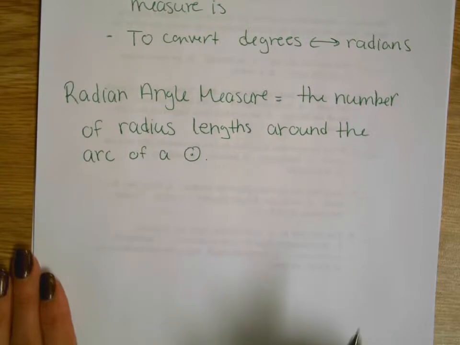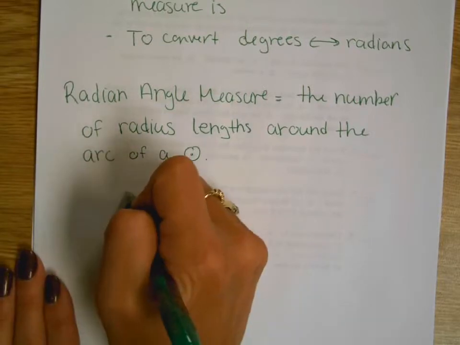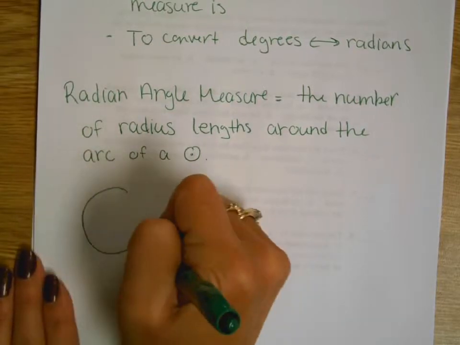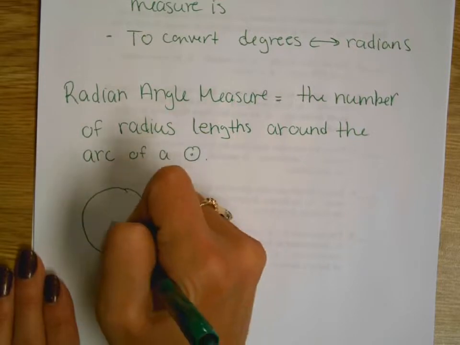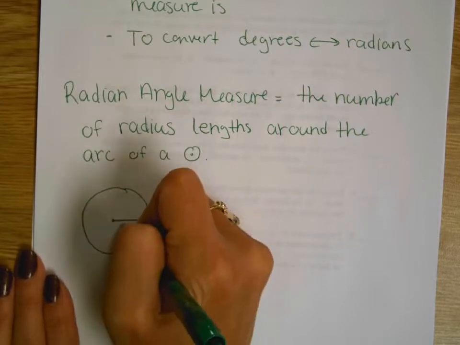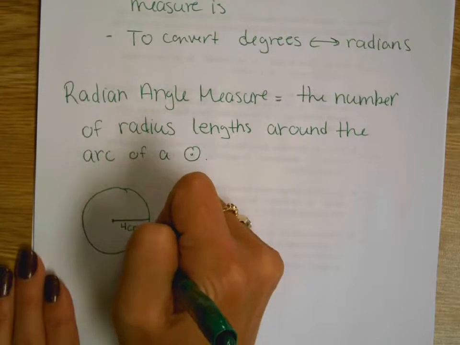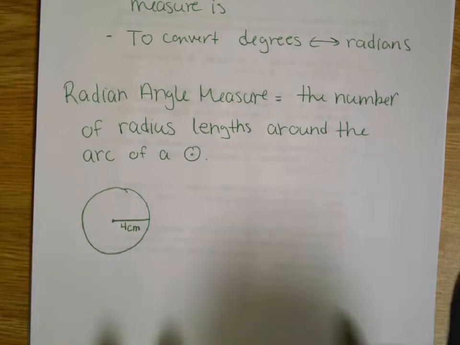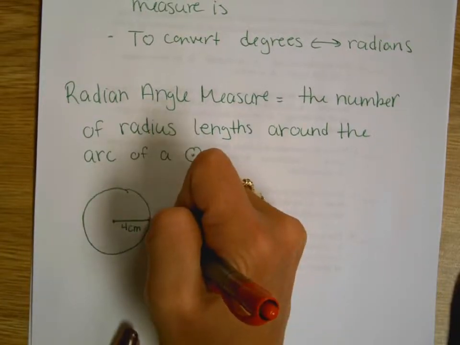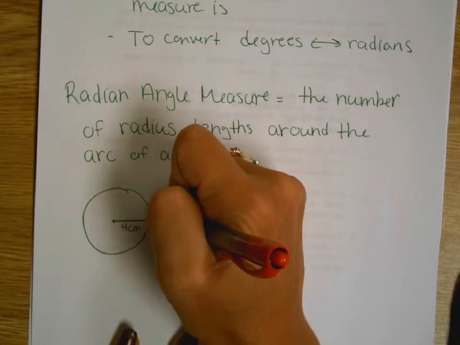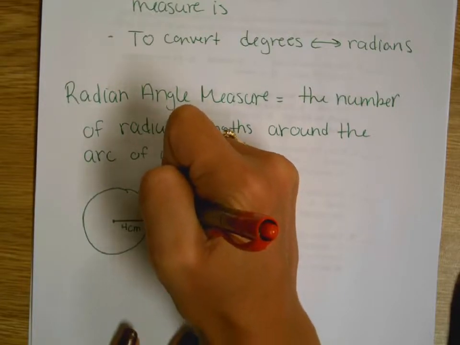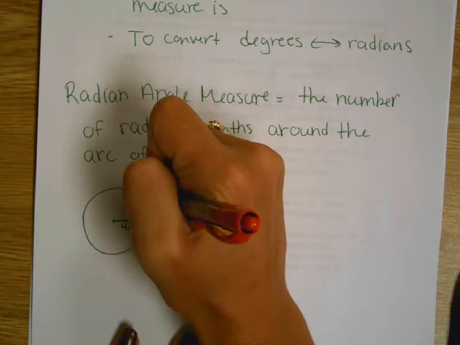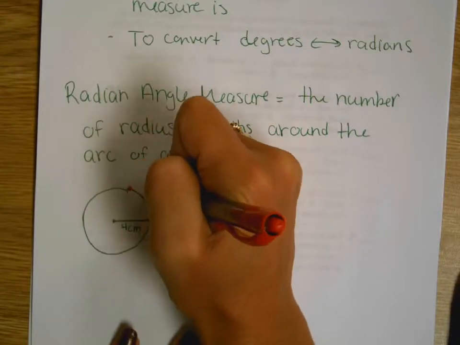So let me draw a few pictures to explain what that is. So let's say we had a circle whose radius was 4 centimeters. So if we were to mark off on the curve a distance of 4 centimeters, so I make this arc so that it's exactly 4 centimeters long, just estimating.